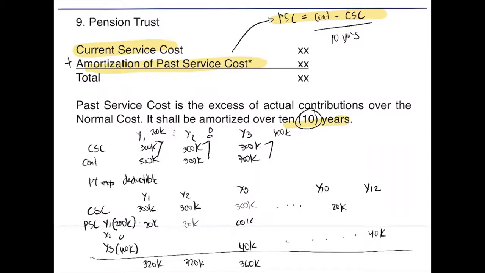So it will be amortized over 10 years. So for year 1 here, we have 200,000. That will be for year 1 until year 10. Year 3 we have 400,000. That will be for year 3 until year 12. So until the 10 years. Okay? So that's how we compute for your pension trust deduction.